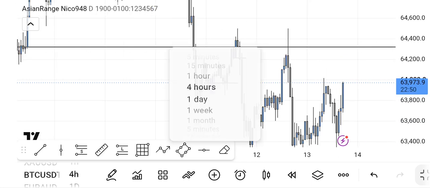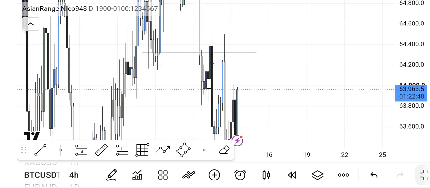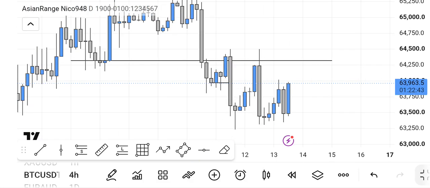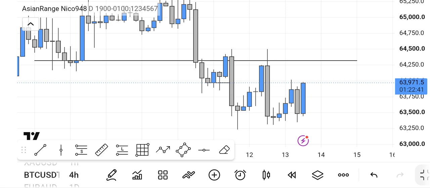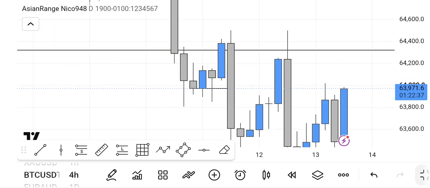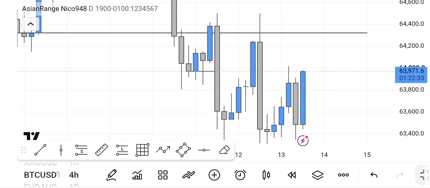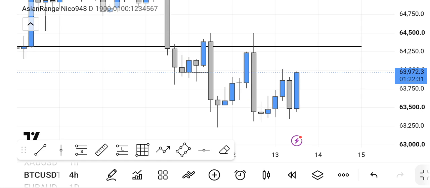Anyway, I'm talking about the origin setup, and I personally do not use the two step down time frame breakouts. I use just one step, one time frame lower.